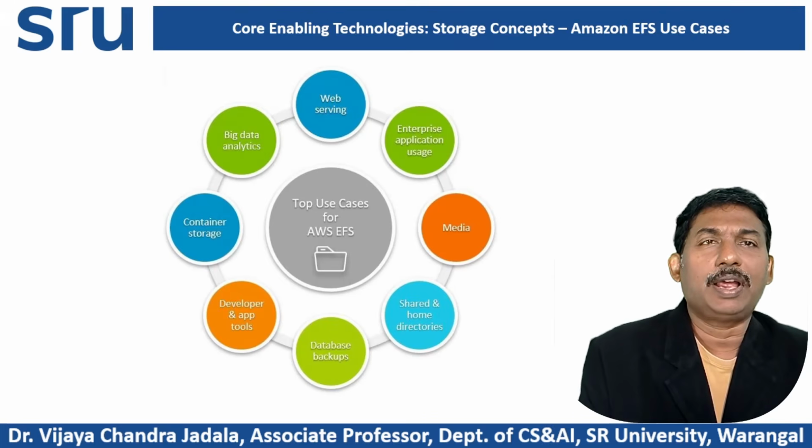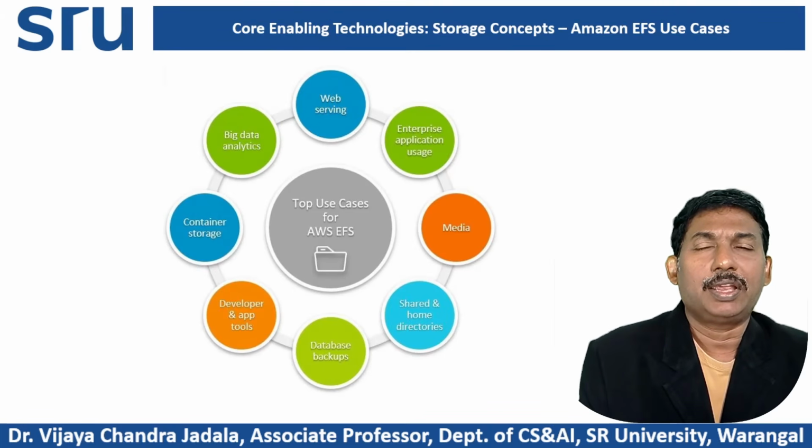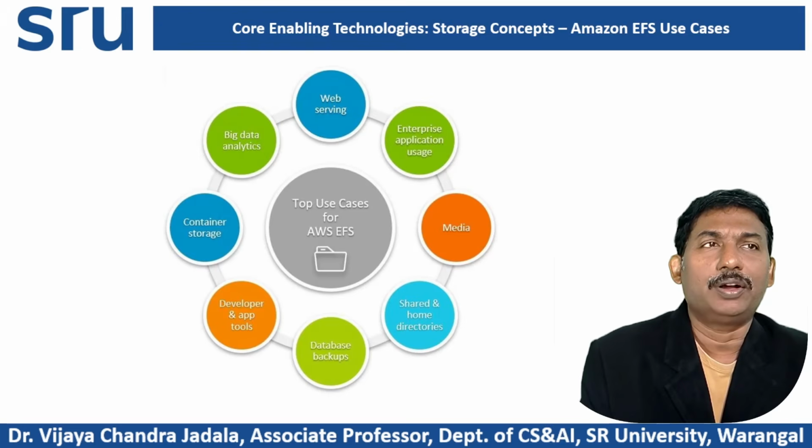Next is developer and app tools. Developers generally use EFS, Elastic File System, for large quantities of data storage. It is widely used in development and testing environments. It provides a common shared location for code repositories, build artifacts, test data and dev environments.